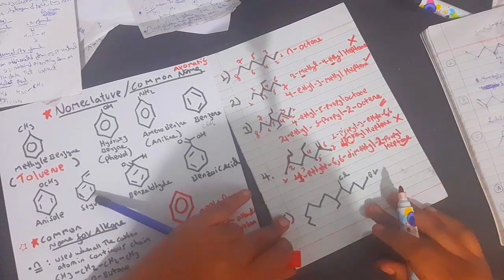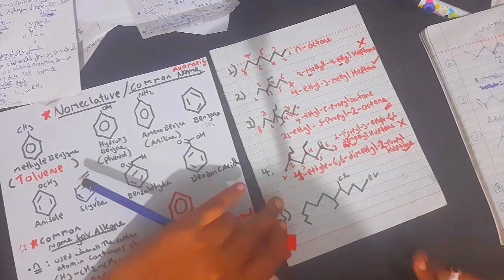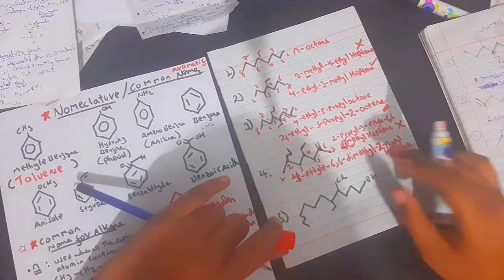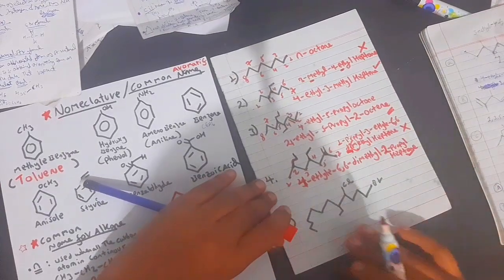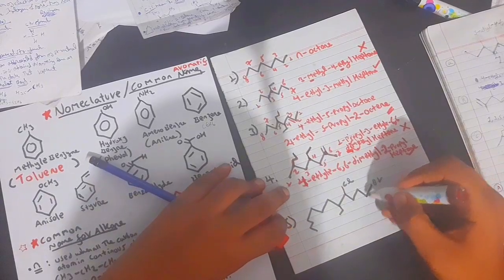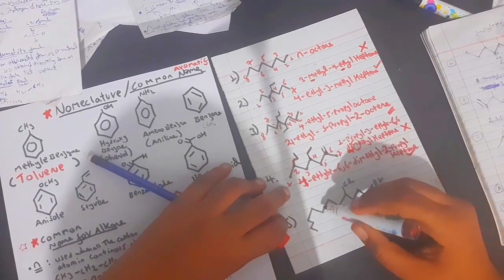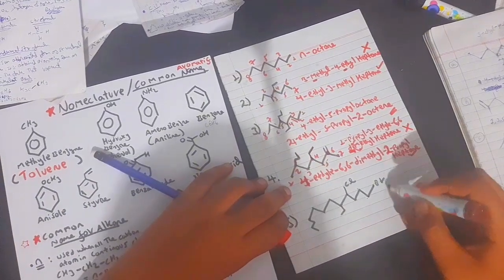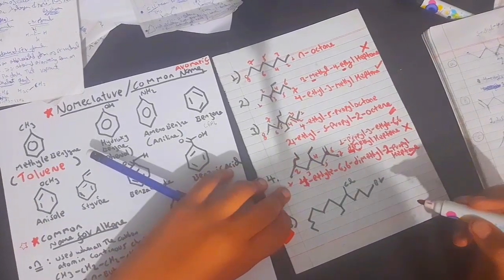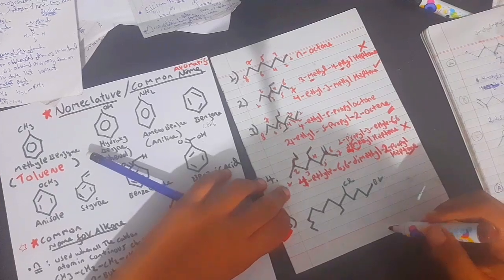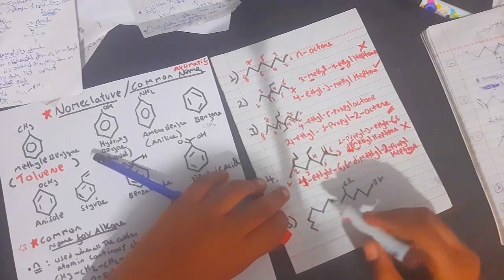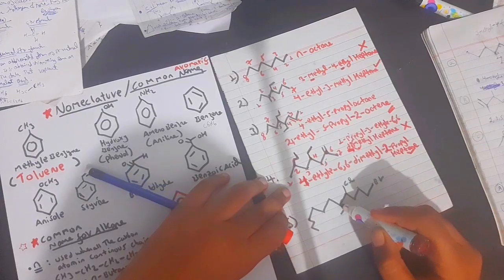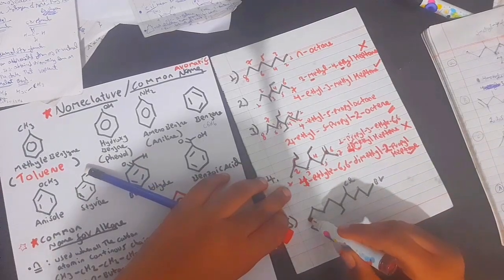this structure. So look at it and try to do it on your own first. So as we see here, there is 1, 2, 3, 4, 5, 6, 7, 8, 9, 10. And there are also 2 substituent groups. And the overall carbon is 1, 2, 3, 4, 5, 6, 7, 8, 9, 10.